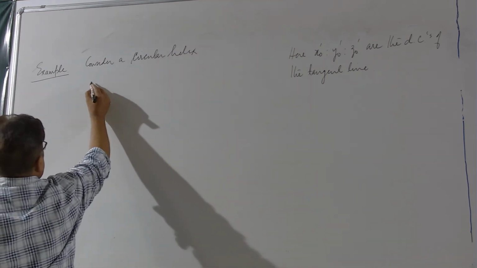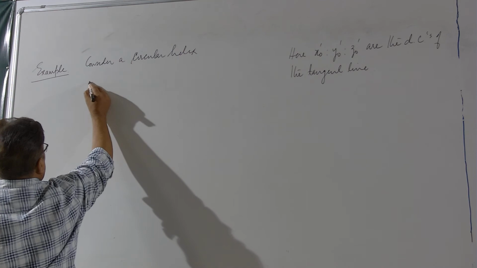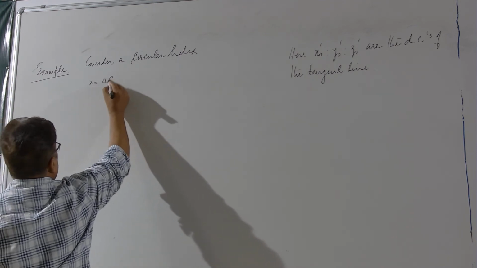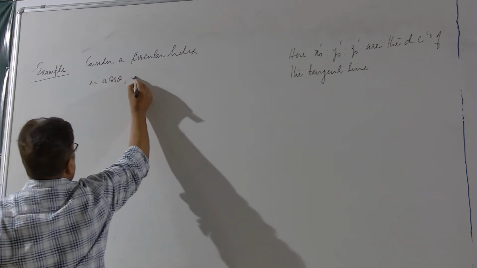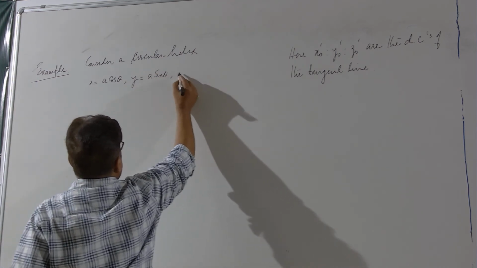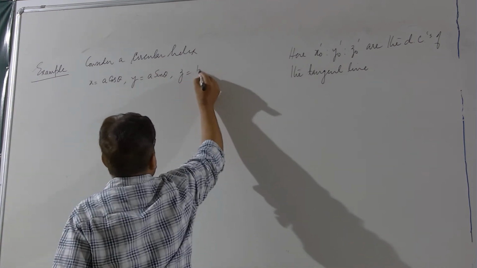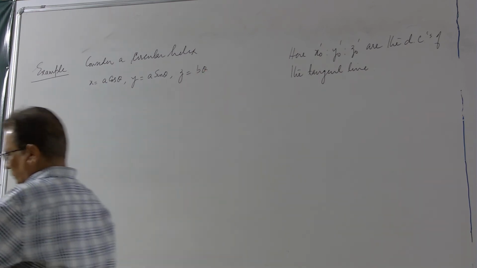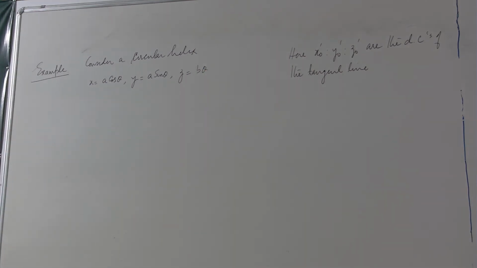Its equation you know is x equal to a cosine theta, y equal to a sin theta and z equal to b theta. I want to find out the equation of the tangent line at theta equal to theta naught.